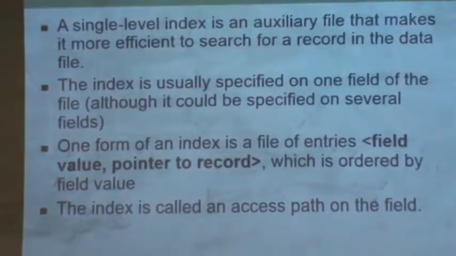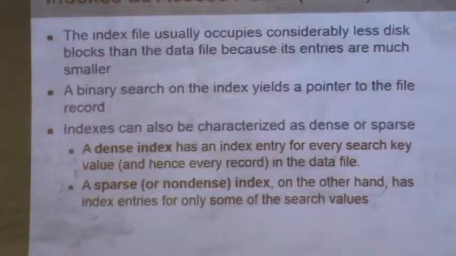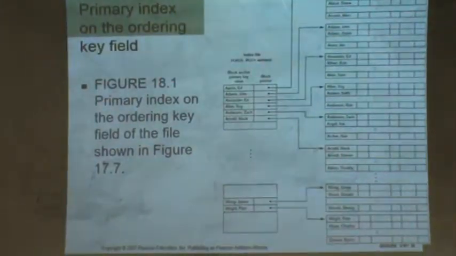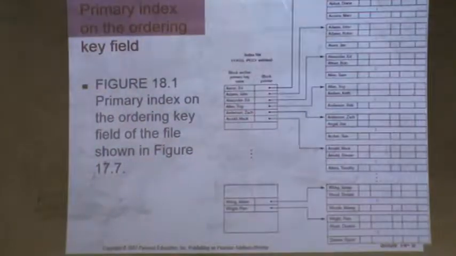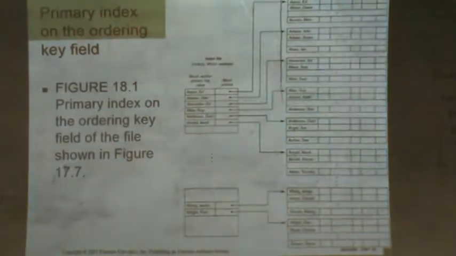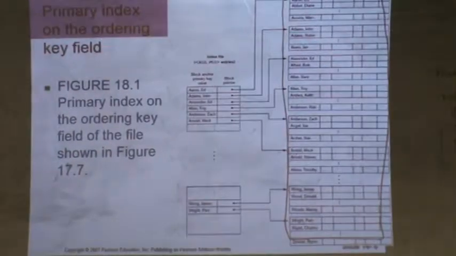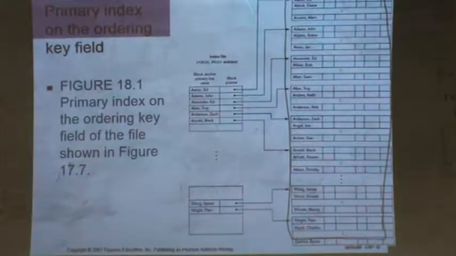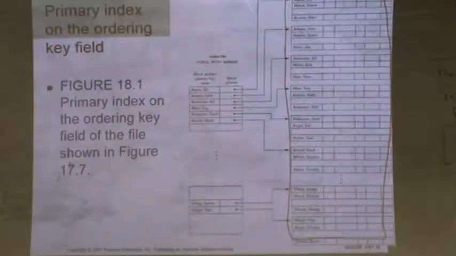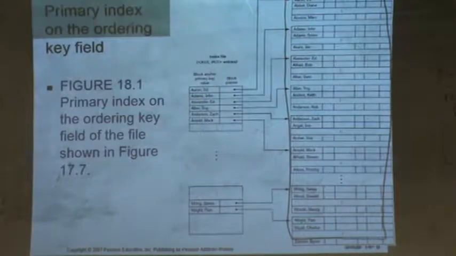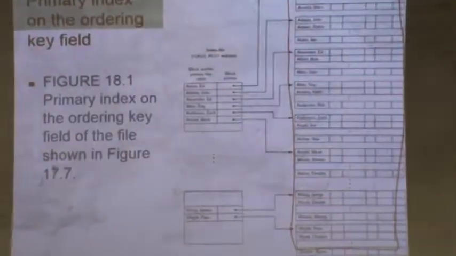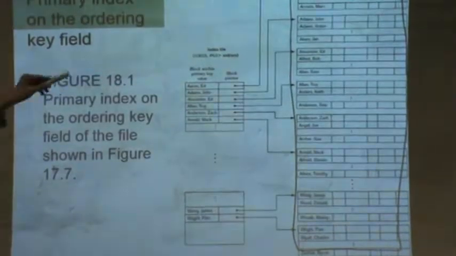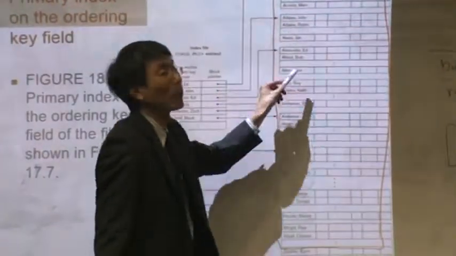So for example, this is the record, which means the data file. It's our table. It's based on the blocks, so each one represents a block.